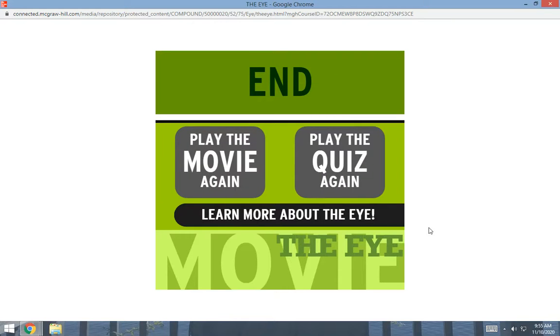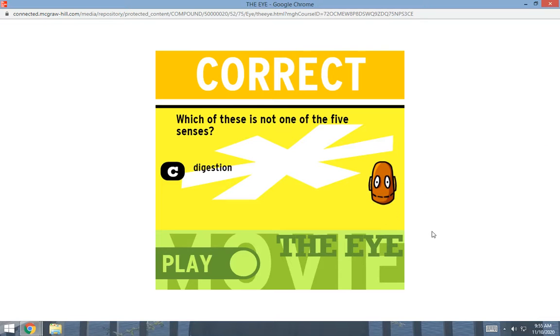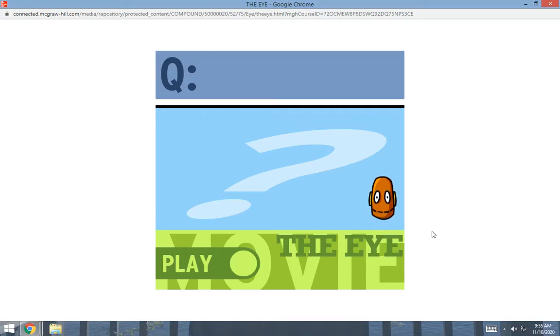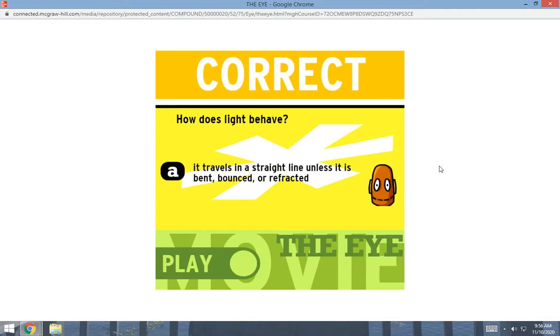All right, so let's see how you did. So it says, which of these is not one of the five senses? That would be C, digestion. How does light behave? It travels in a straight line unless it is bent, bounced, or refracted. Correct.